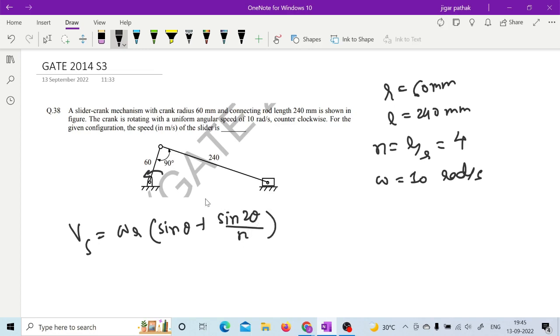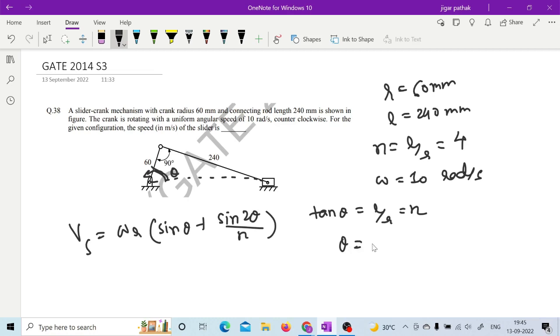Now here if you see, if you consider this triangle, right, and you consider this as theta, then your tan theta can be given by L by R, which is nothing but n, right? So if you consider this theta, then tan theta is equal to L by R, that is nothing but n.